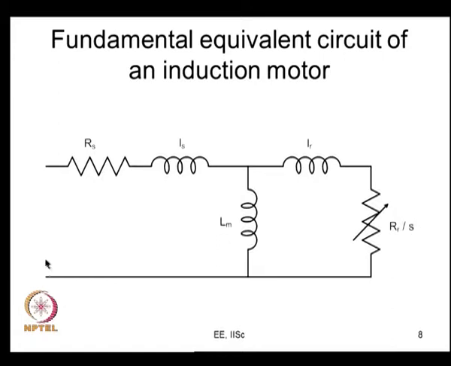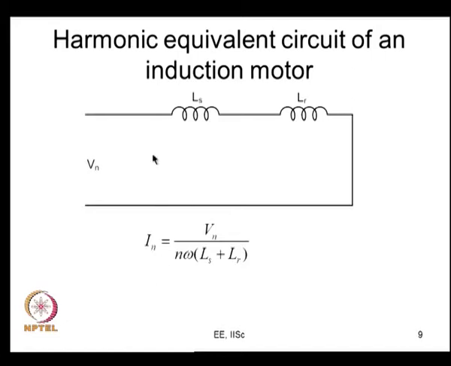So, you can apply your fundamental voltage to this, and whatever current is drawn by this circuit is the fundamental current that you should expect your motor to draw. This is something that we have seen even before. Now, if you apply the harmonic voltage, consider some nth harmonic voltage Vn, and the machine model now reduces to Ls and Lr.